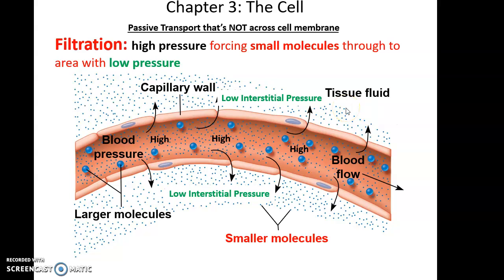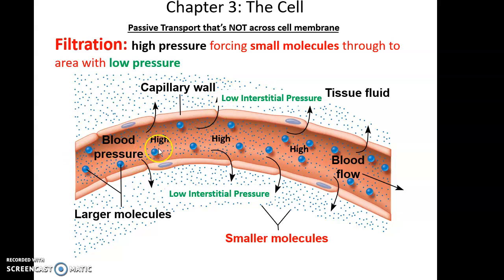Filtration. Filtration is a slightly different way for things to move. Filtration involves, say, pressure, high force moving something through a structure, a membrane that has small holes. Those small holes would then prevent things that are big from going through. Only things small enough to pass through the hole can get through.